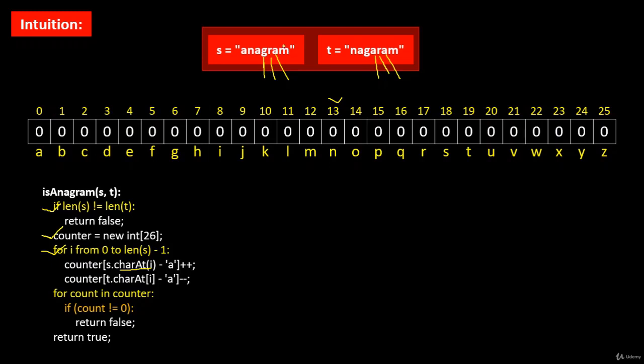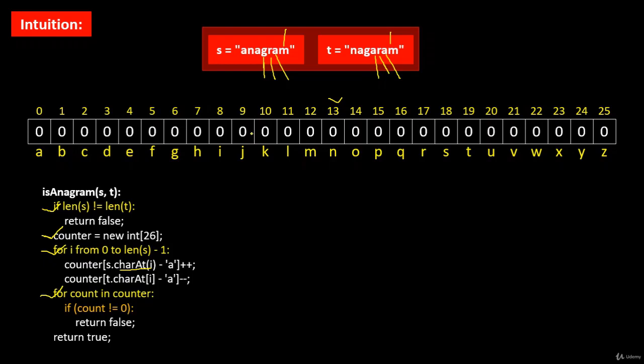Then the next character is M. We'll increment at M, so the value changes to 1. If we decrement, this value changes to 0. So we're done with this for loop. Now we're at this second for loop, where we're checking the values of this array.